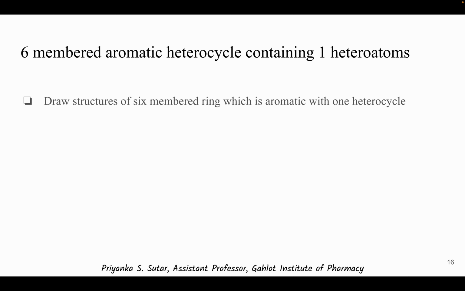Now coming to the next structure, again draw a 6-membered ring which is aromatic with 1 heteroatom. You can pause the video and write the structure of the 6-membered ring which is aromatic, that is conjugated double bond, single bond, and it contains 1 heteroatom.